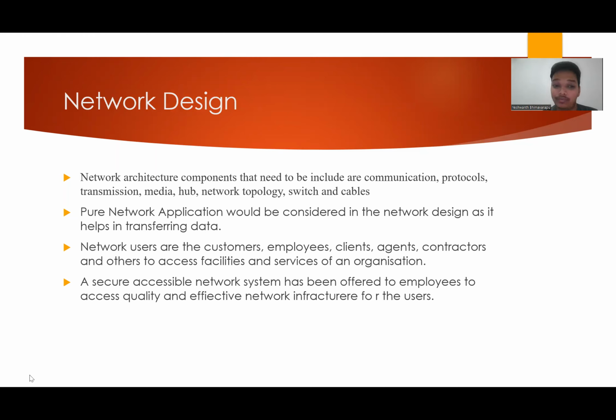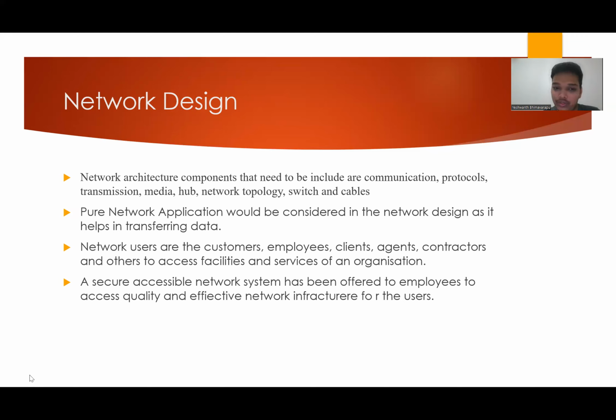For that, a pure network application would be considered. When developing a network design, we need a strong network application as it helps in transferring data. When it comes to network users, normally they are the customers, employees, clients, agents, contractors and others.